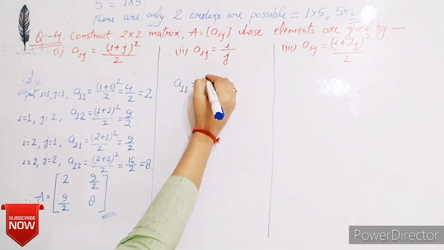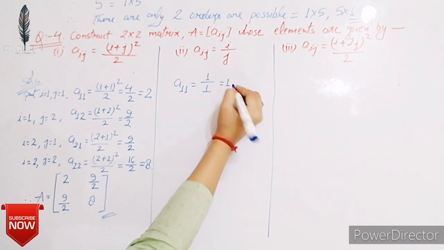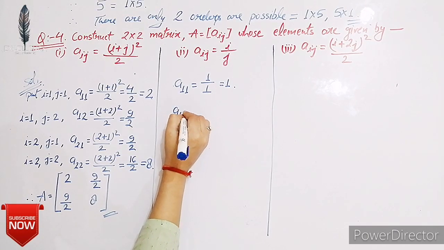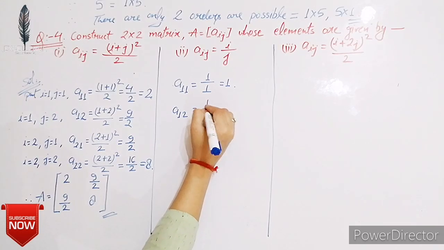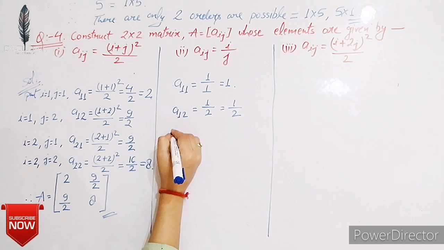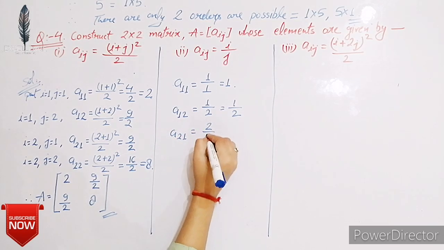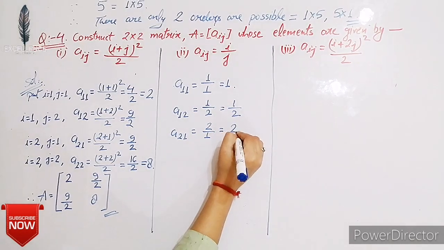In the second part, first element A11 equals 1 by 1, that is equal to 1. Put i equals 1 and j equals 1. For the second, put i equals 1, j equals 2, that is 1 by 2, your second element, 1 upon 2. For the third element put i equals 2, j equals 1, that is 2 upon 1 equals 2.